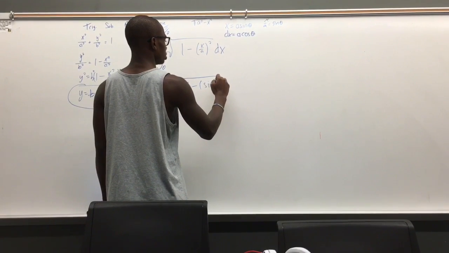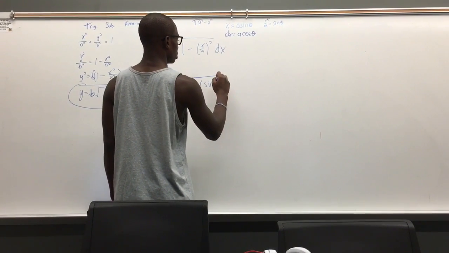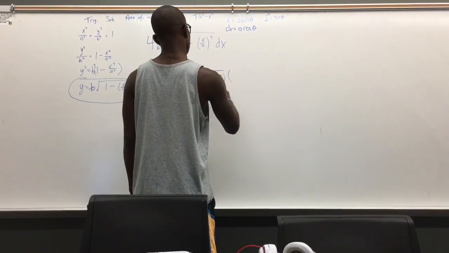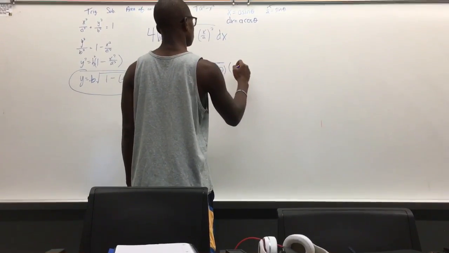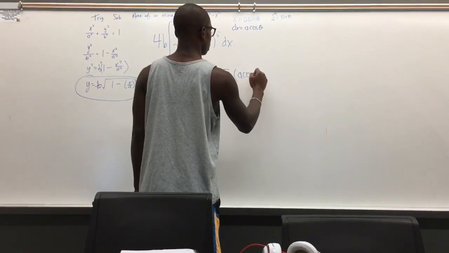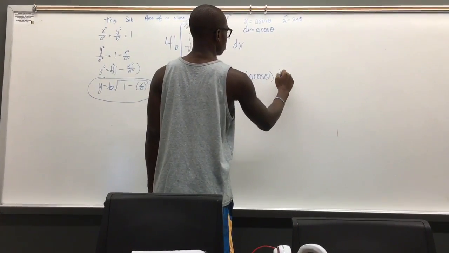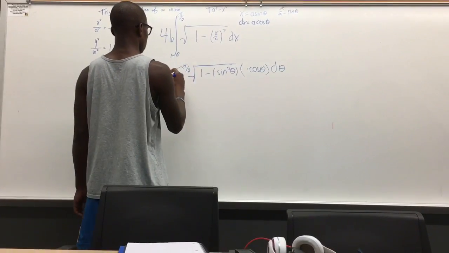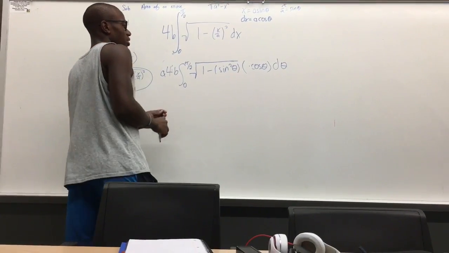And so you just plug all that in and you get sine squared of theta times your dx, which is cosine of theta times d theta. And you can move this a over here to the outside just to make it easier.